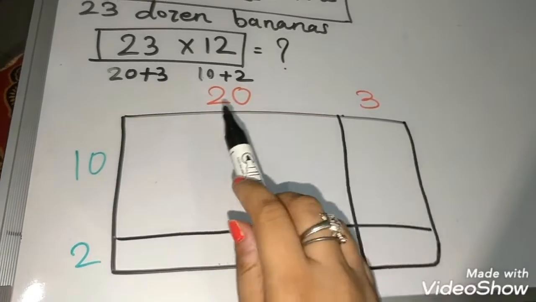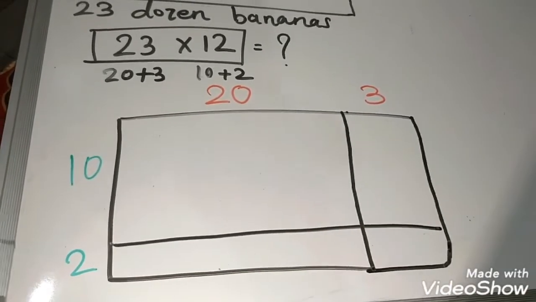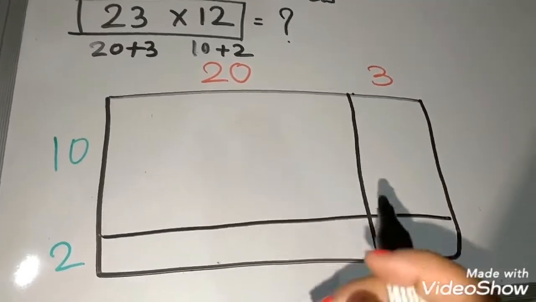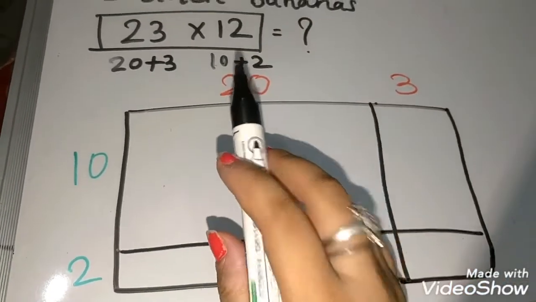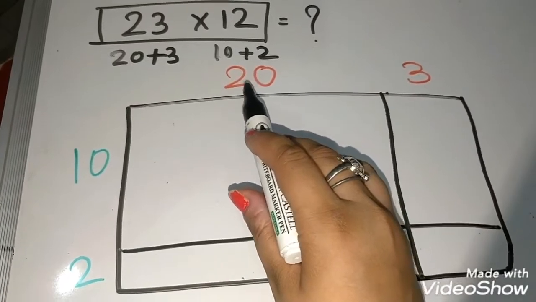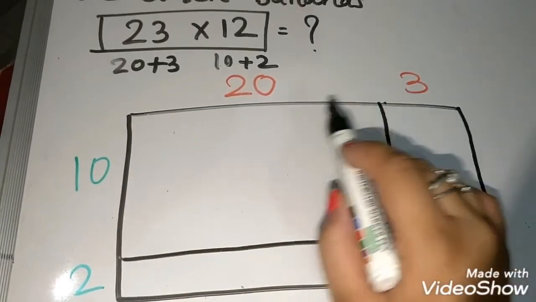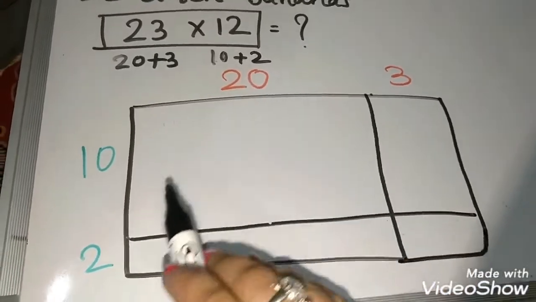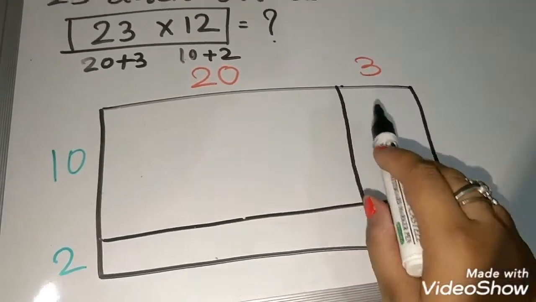So I have expanded both the numbers. So you can see that it will be easier for us to count. Now how will we multiply? We will multiply 20 with 10 and 3 with 10. Then we will multiply 20 with 2 and 3 with 2.